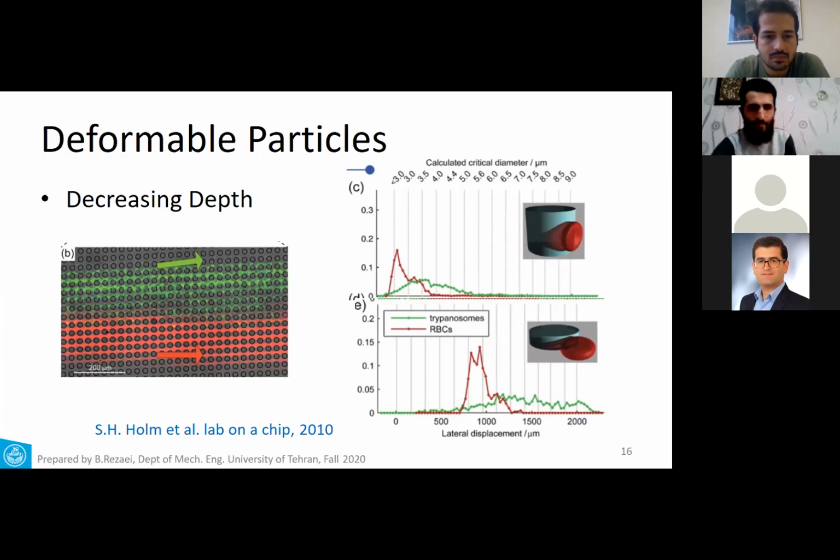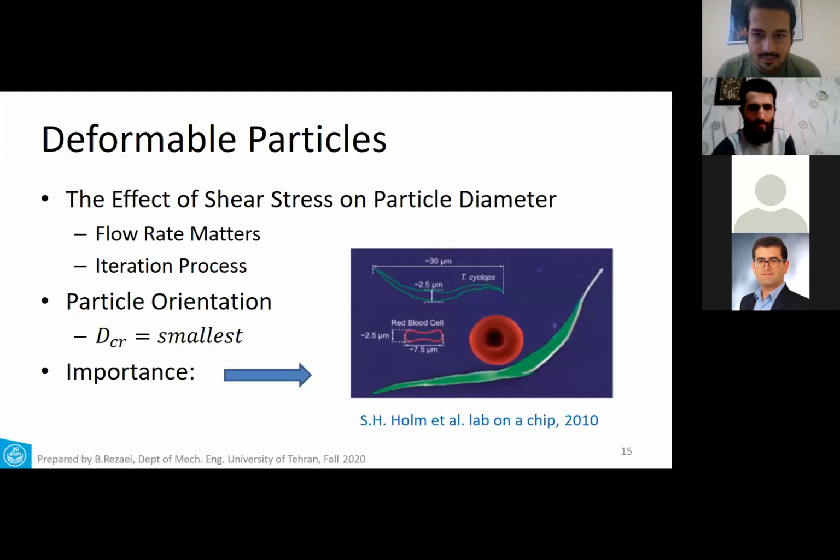But in 2010, Mr. Holm and his colleagues did something novel. They decreased the depth of the channel, so they made the red blood cell pass through its larger dimension. You see in the lower image on the right side that when the depth of the device was decreased, the red blood cell went by its large dimension, about 6 to 7 micrometers, so they could separate these two.